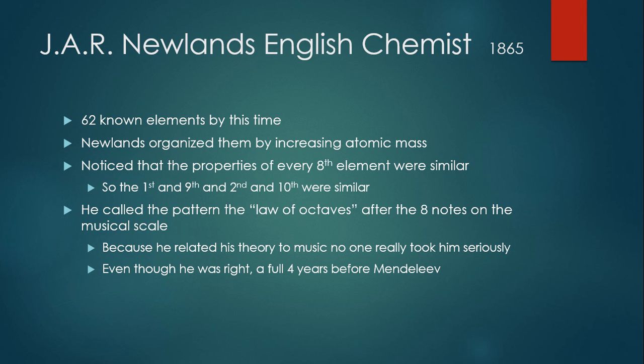So he noticed that when he did this, the properties of every eighth element were similar. So the properties of the first element and the ninth element, and the second and the 10th element were pretty similar. So he called this pattern the law of octaves, after the 8 notes on the musical scale. He must have been interested in music.